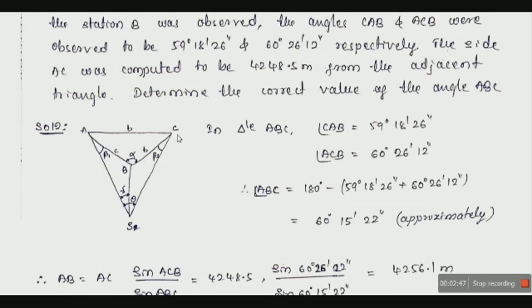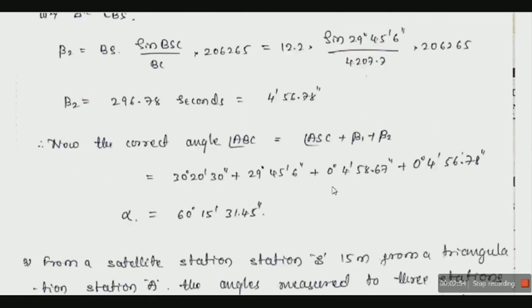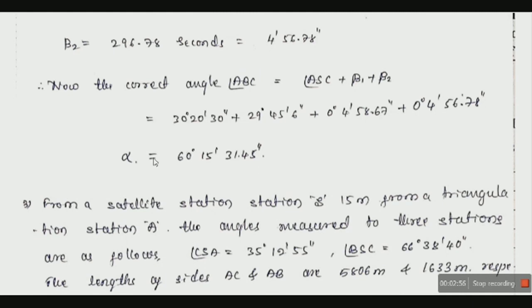So ASC plus beta 1 plus beta 2 gives us the alpha value. Put in all the values: these are given in the problem, and these are beta 1 and beta 2, which we have calculated. Now we get the alpha value equal to 60 degrees 15 minutes 31.45 seconds. This is your answer.